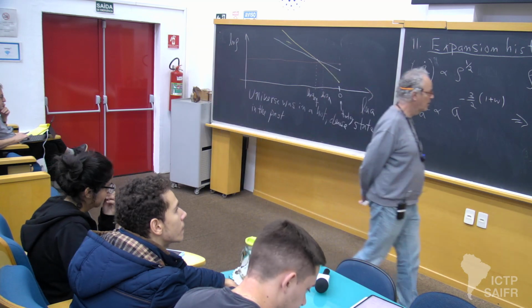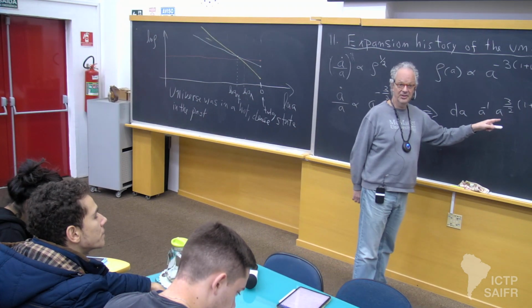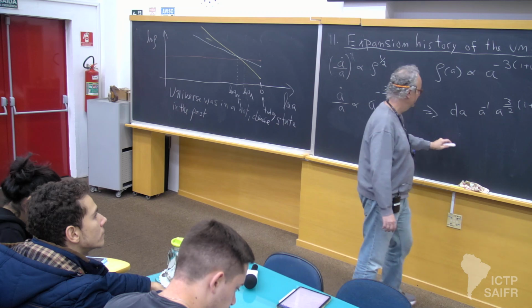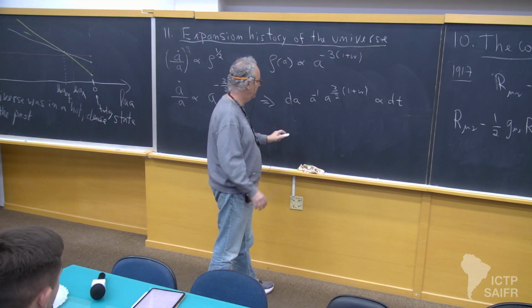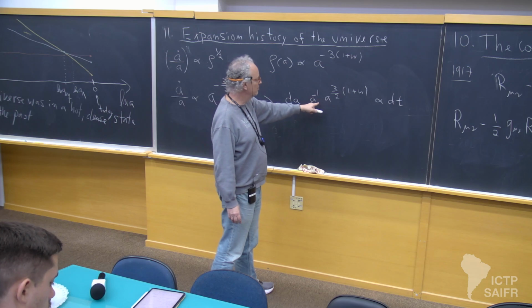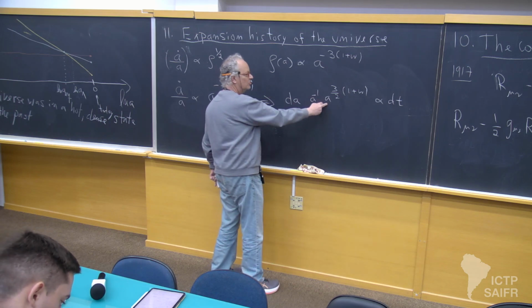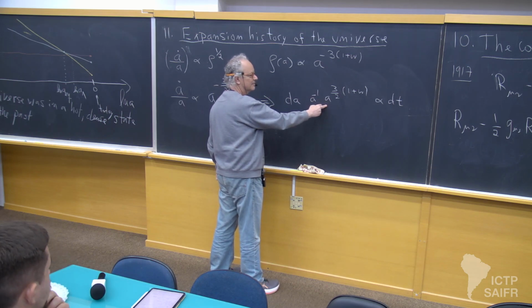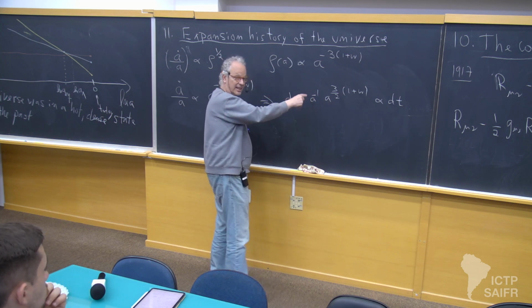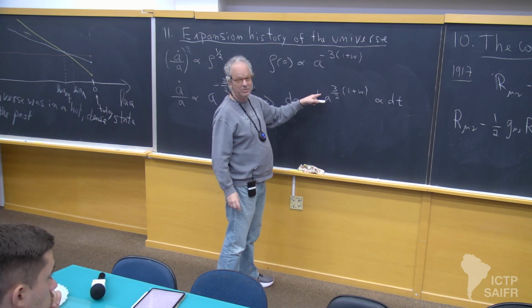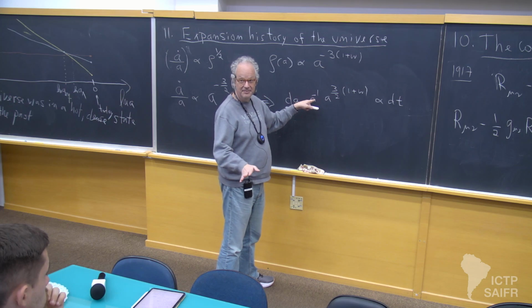I just integrate on both sides, and then I see how a behaves as a function of time. So if I integrate on both sides, what do I get here? A minus 1 plus 1, so the a to the minus 1 goes away.